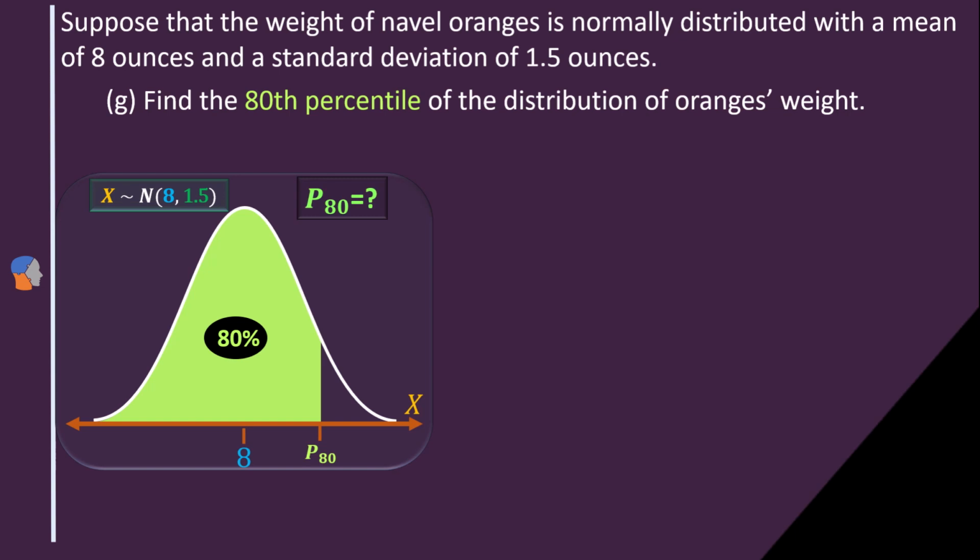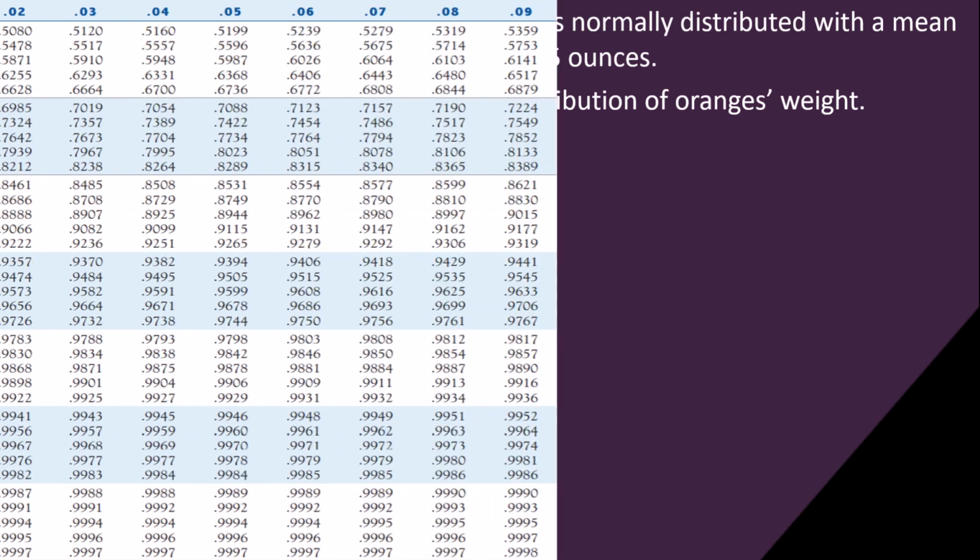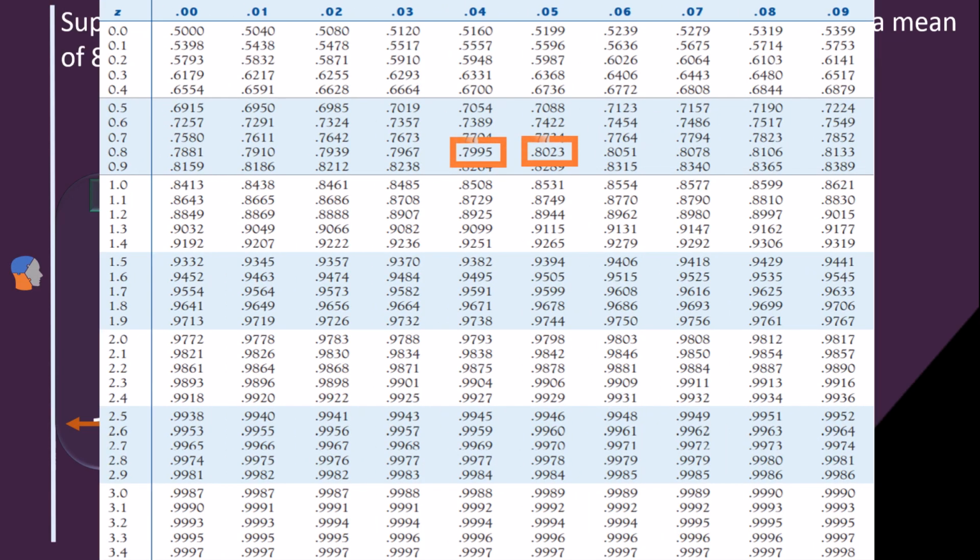What is the first step to find the P80? Here the area left of P80 is 80%. That means 0.8000. Since we have the area left of P80, we can go to the table and find the value 0.8000.